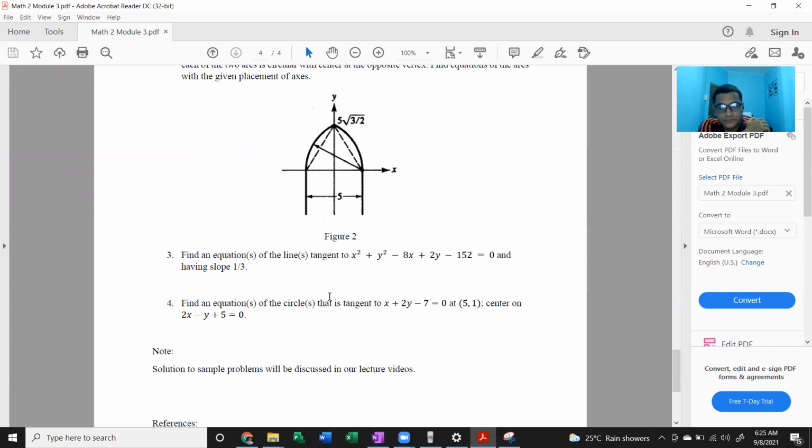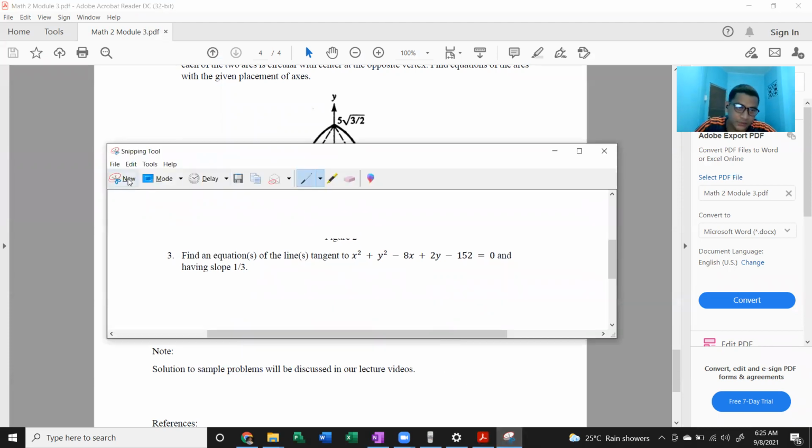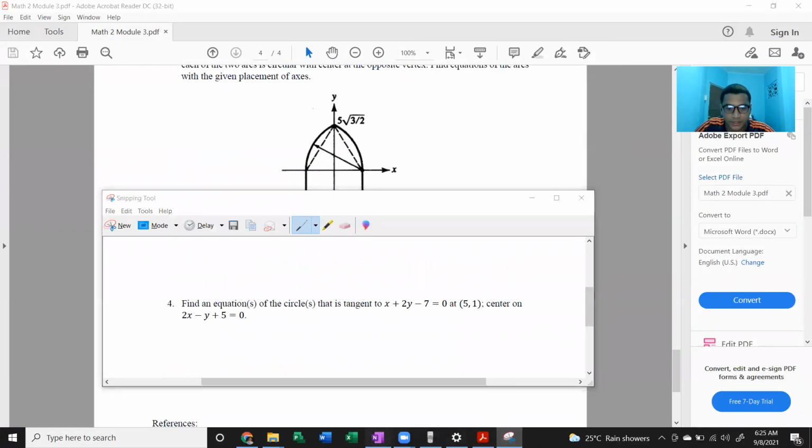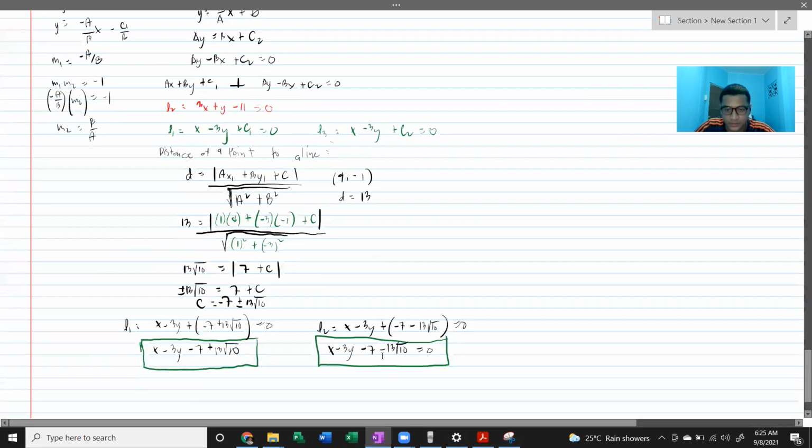Okay. This class is, I'm sure you will solve it yourself if you try it. But let's solve it. Sagutan natin to ng mabilisan because actually this is a very tricky question, class. Okay. And I like tricky questions.